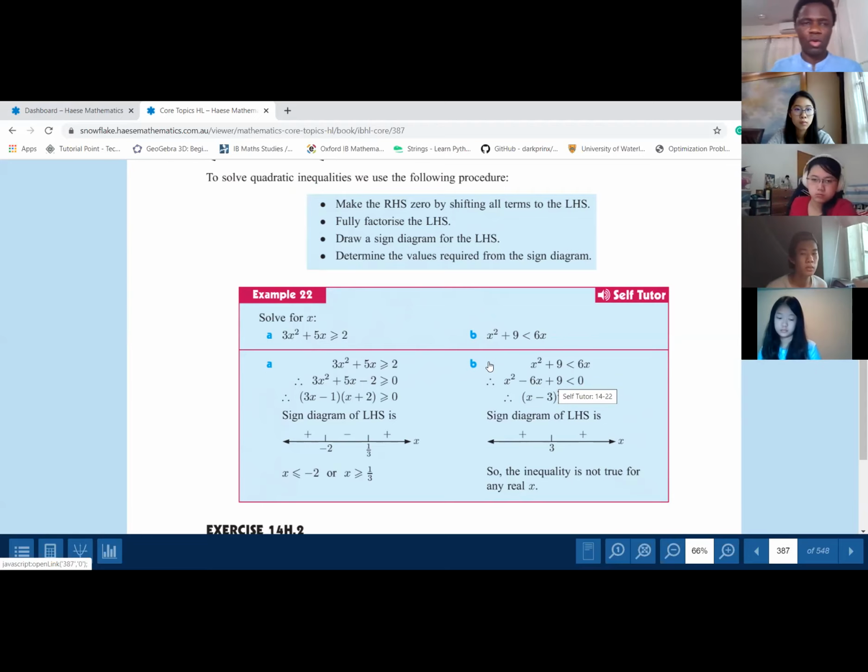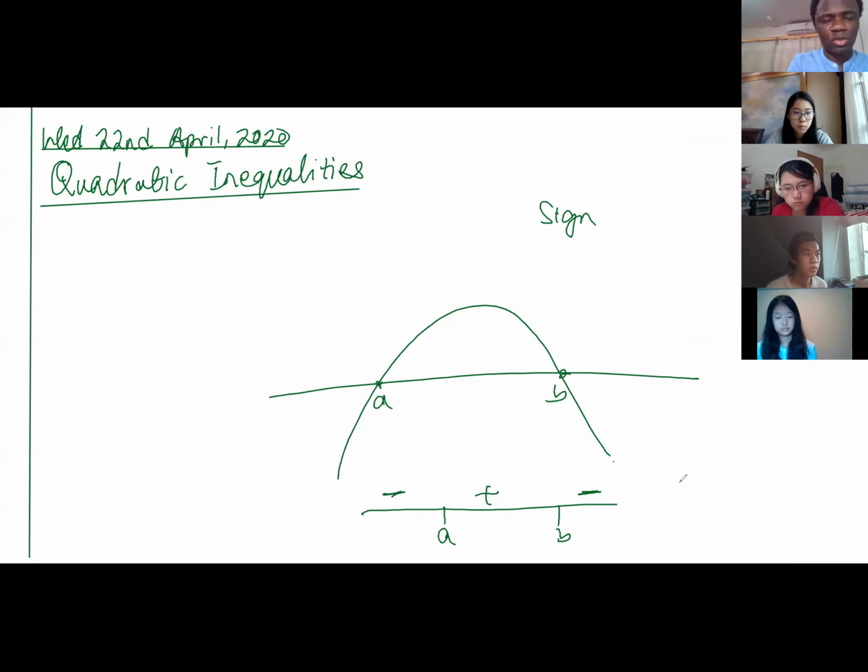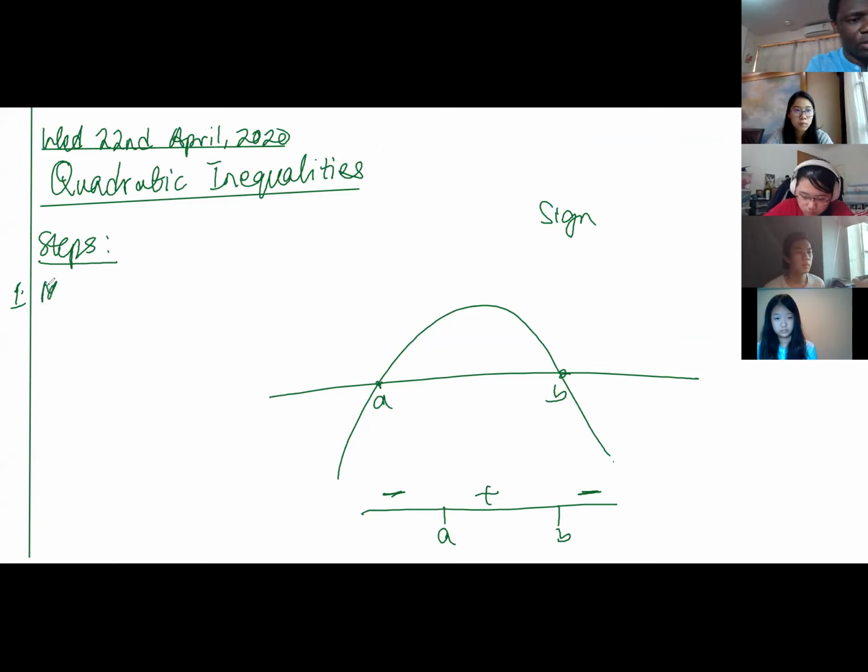But when you have questions like, I'll show you. Maybe I write the steps here, please. Steps. Of course, you don't have to copy this exact step. You can actually just form a note from the book. Step 1: make the right-hand side 0.